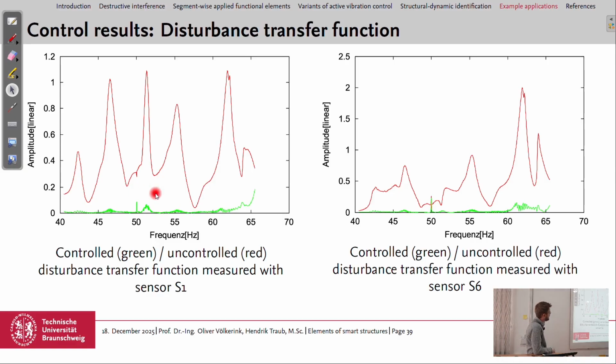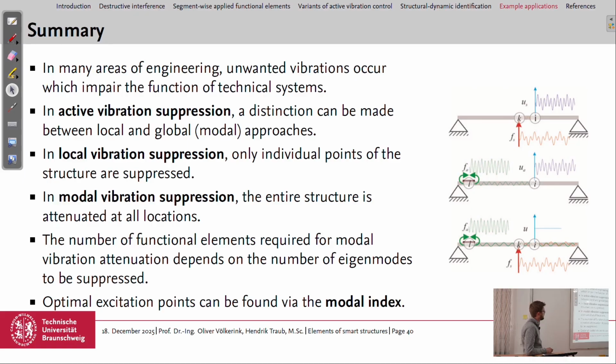And the same here for sensor 6, where we have the second eigenmode, here's the third, and so on, and it worked also on this sensor. So the modal vibration suppression should work with this kind of setup.